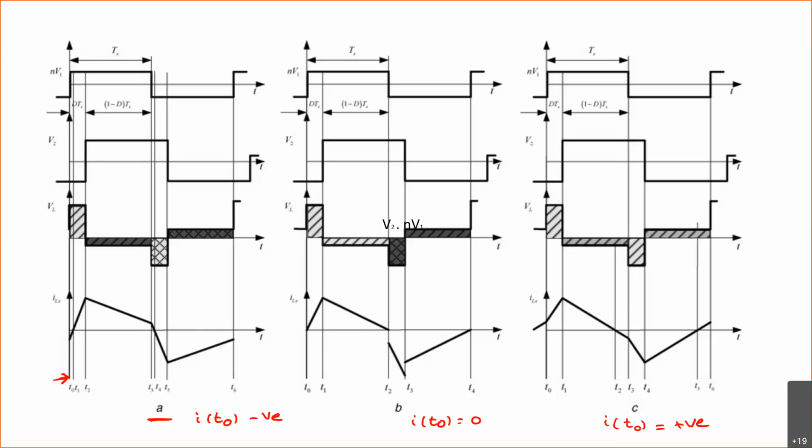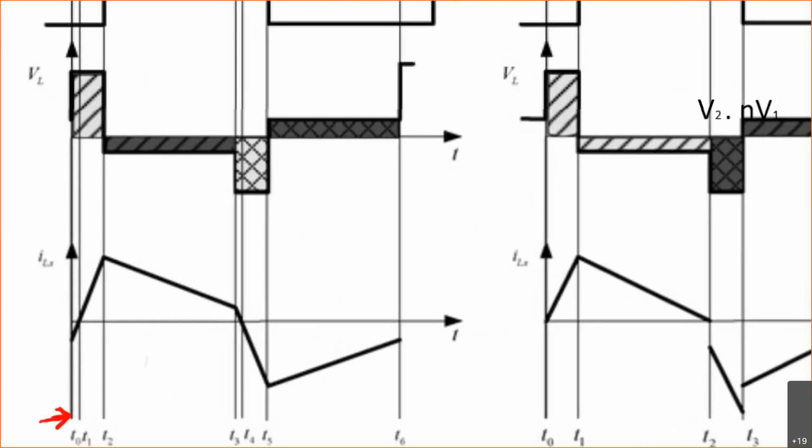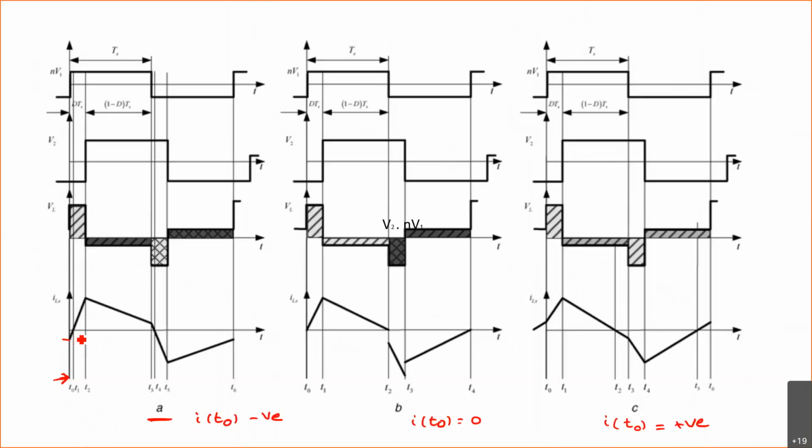Clear? All these correspond to V2 greater than N V1. You can see it here: this is the point where it starts, it reaches 0 here, reaches the peak value, and here it is reducing. This magnitude may be like this or like this.